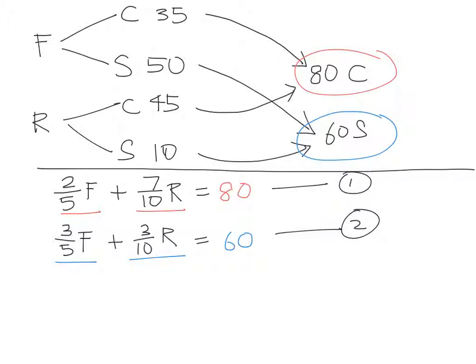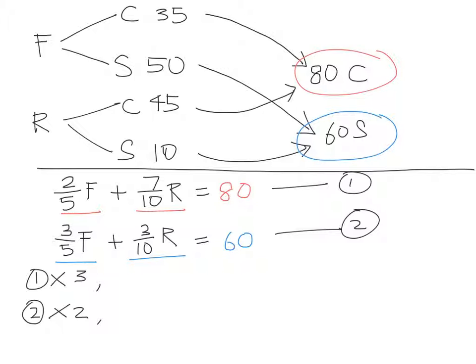First, let us eliminate Frederick from these 2 equations. So 2/5 and 3/5, 2 and 3, the common multiple is 6. We will take equation 1 times 3 to get 6/5, and equation 2 times 2 to also get 6/5, so that we can eliminate Frederick's share.